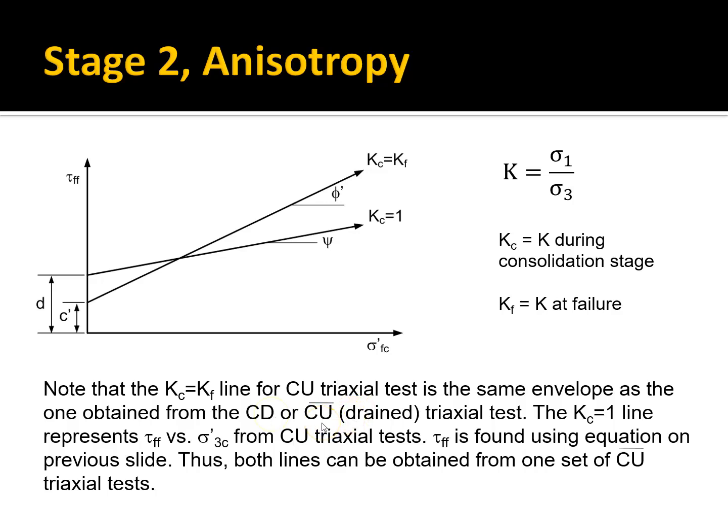Or if you do a CU bar test and pull out the pore pressures, you can get the same effective stress c prime and phi prime. And then the KC equals 1 line represents what you would get from a CU test, where you have sigma 1 equal to sigma 3 during the consolidation stage. So in other words, if you do a CU bar test, you can get both of these lines.